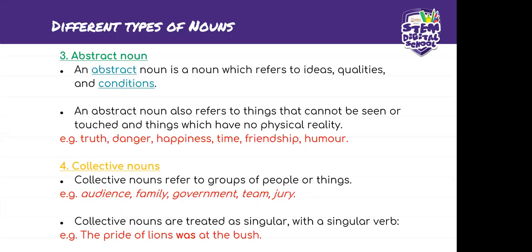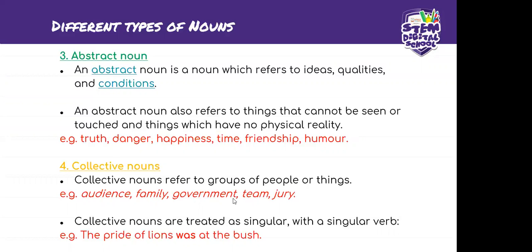Mother, father, son, daughter, sister, brother. So that is a family. Then we have government. Government is a group of people in leadership. We have the president, the deputy president, the ministers, the deputy ministers, MECs, premiers, councillors.